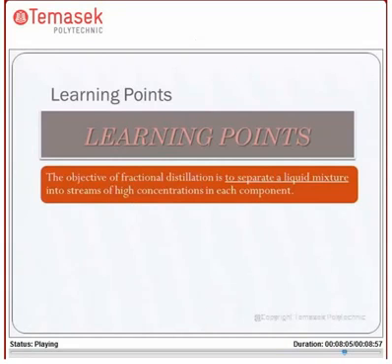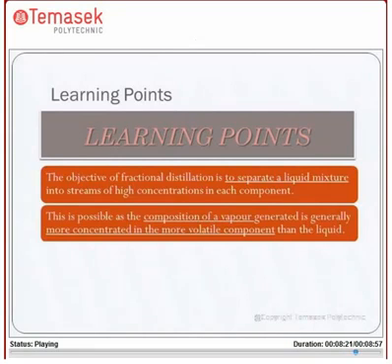Let's review the learning points from this experiment. The objective of fractional distillation is to separate a liquid mixture into streams of high concentrations in each component. This is possible as the composition of a vapor is generally more concentrated in the more volatile component than the liquid.